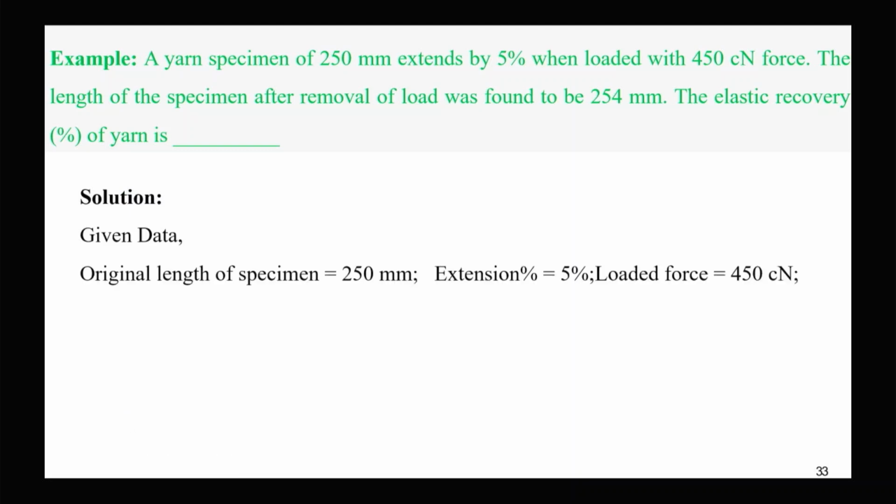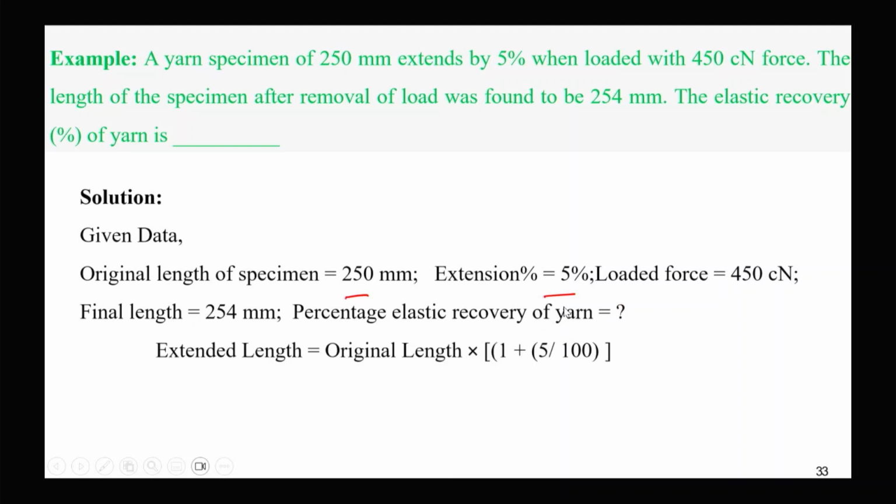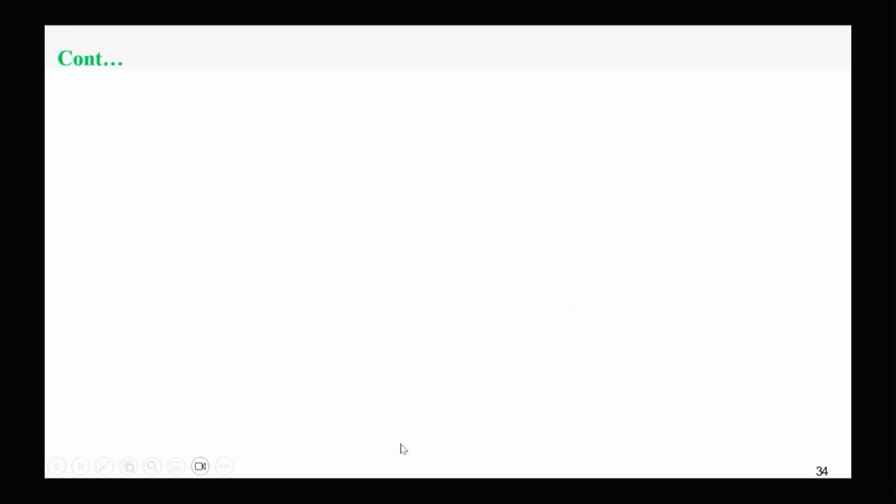Original length of the specimen is 250, extension 5%, and the final length after recovery is 254, so the extended length will be 262.5 millimeter and the total extension will be 12.5 millimeter.